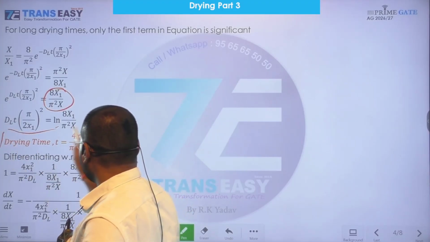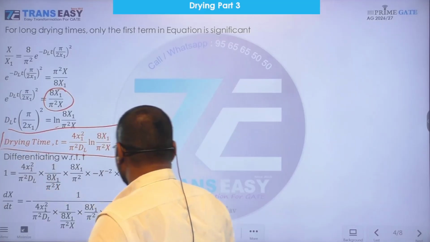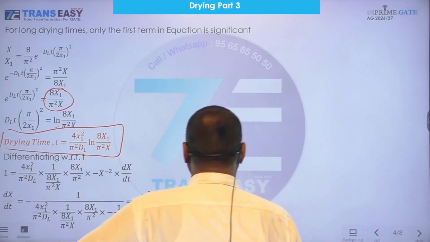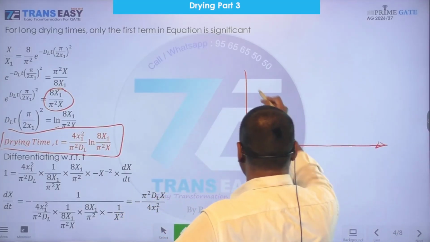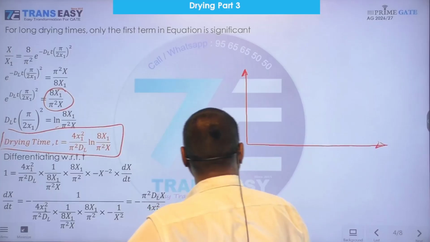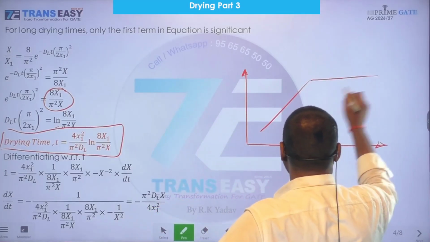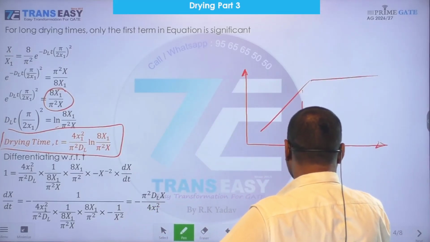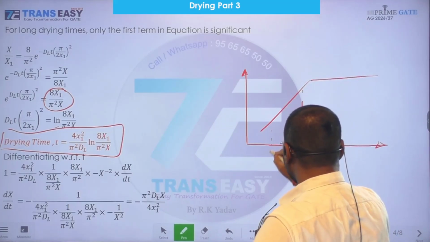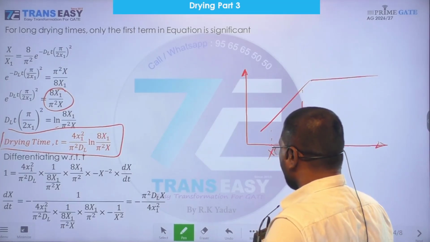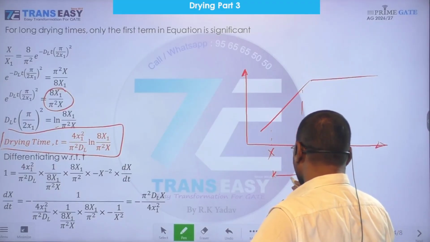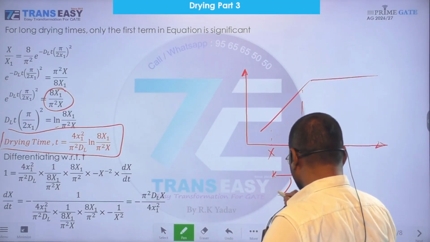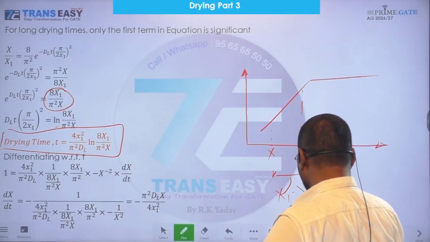So guys, if liquid diffusion is guiding drying in the falling rate drying period, so from x1 free moisture content to x free moisture content, right, this is the amount of moisture reduction.